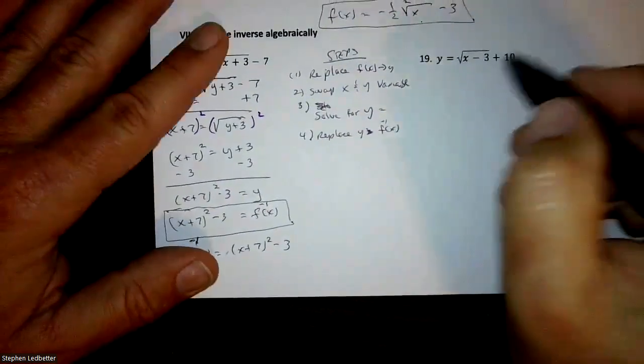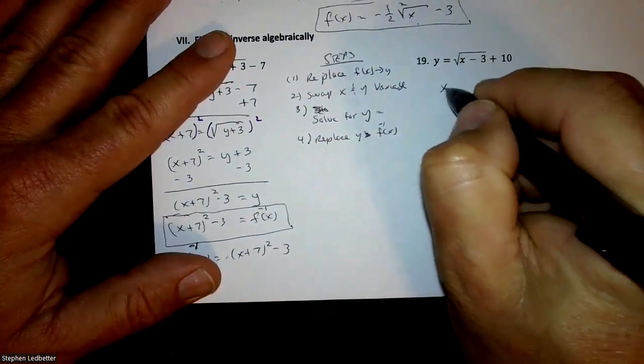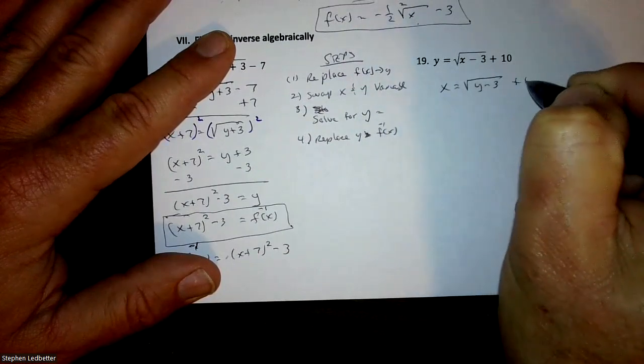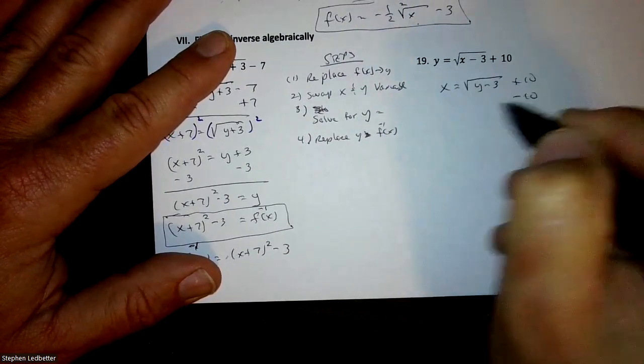All right, so let's do this one. Replace your x and y's. I'm going to subtract my 10 from both sides.